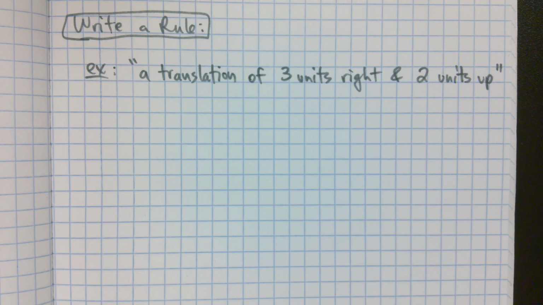And a rule is kind of like a formula. We've used a whole bunch of formulas in this class so far. y equals mx plus b. m equals y2 minus y1 over x2 minus x1, our slope formula.